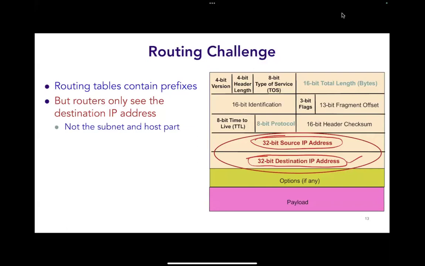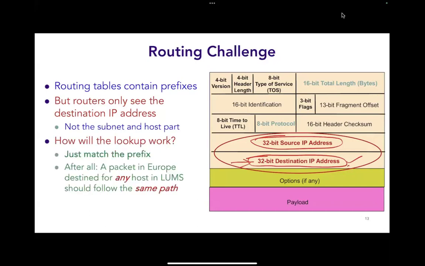It's just this 32-bit number. So how do we use these prefixes in the routing tables to route these 32-bit IP addresses which are representing the destination? How will the lookup work? Can you just match the prefix? Well, the answer is not so simple.